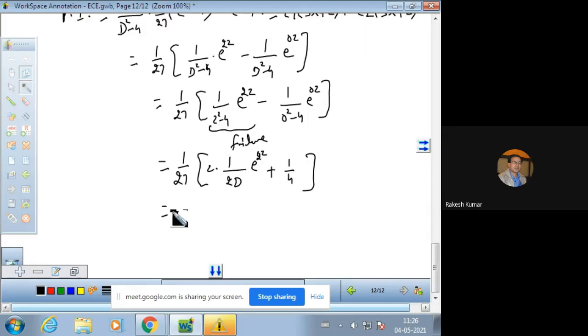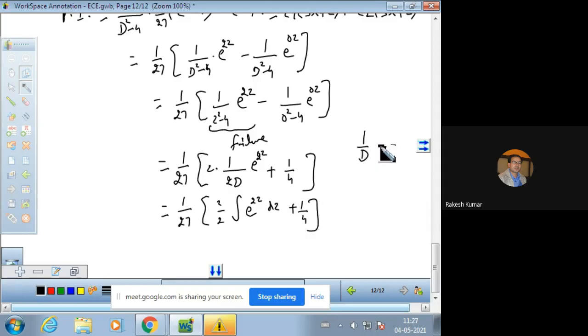Now you see this is 1 over 27, z over 2, 1 over D is there. 1 over D means integration of this factor e raised to power 2z with respect to z.